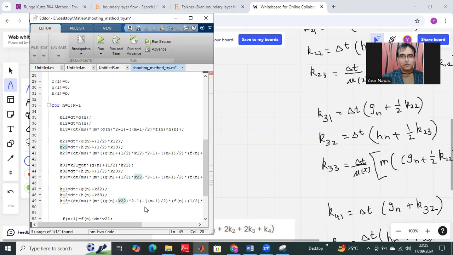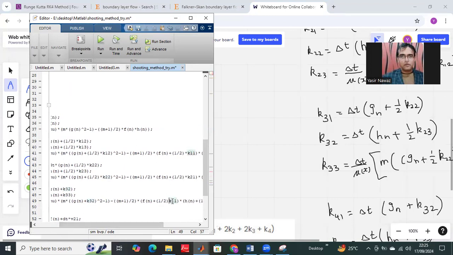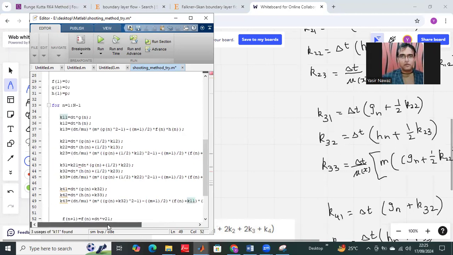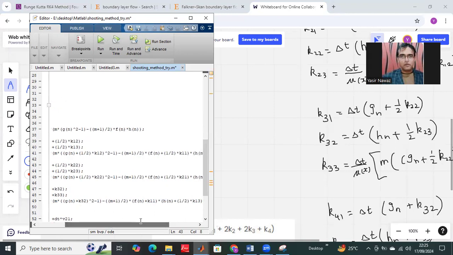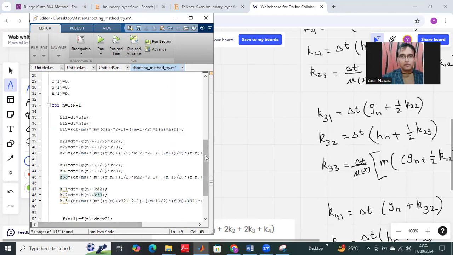So that would be your K3 when you put this in K4 on the computer. So these are the four stages.